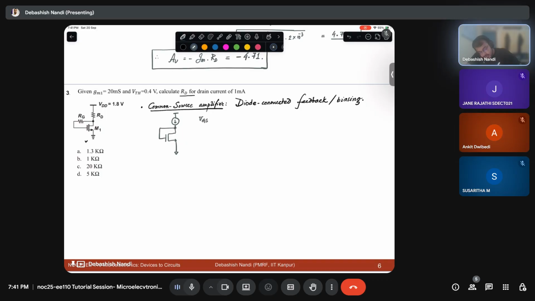Your VGS is always equal to VDS, and for NMOS we know VTH is greater than 0. So your VDS,sat, which is equal to VGS minus VTH, is always less than VGS or VDS. In other words, your VDS is always greater than VDS,sat. So this ensures that my MOSFET is always biased in saturation.